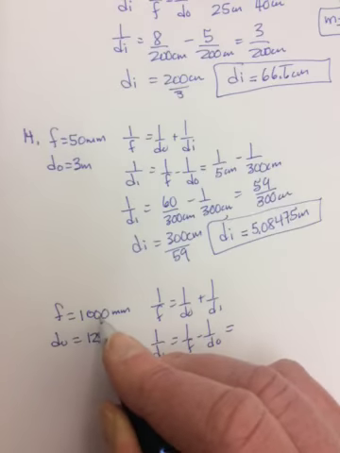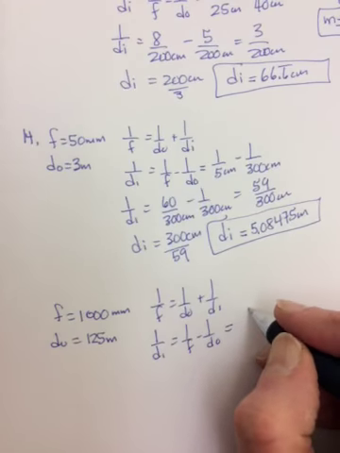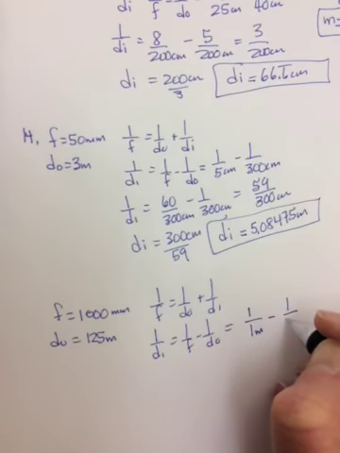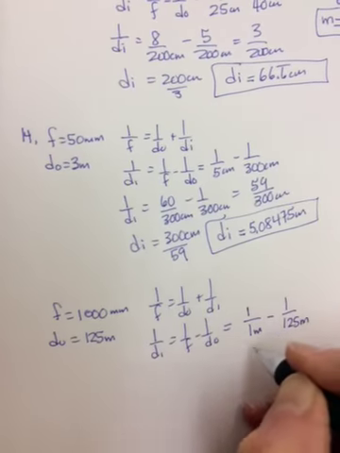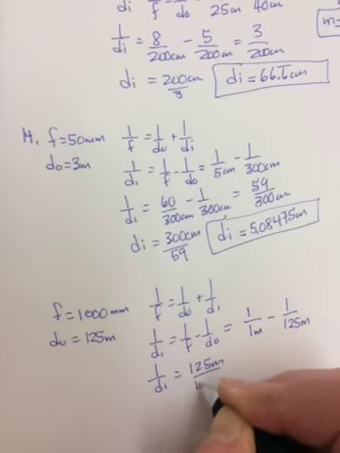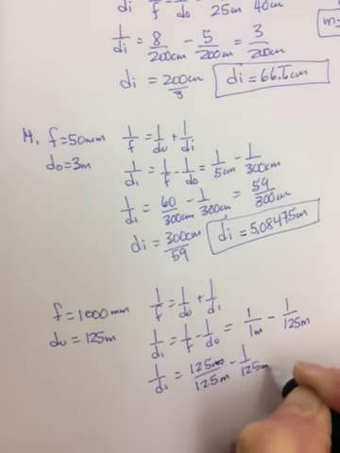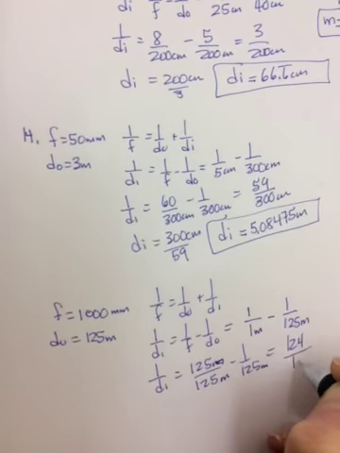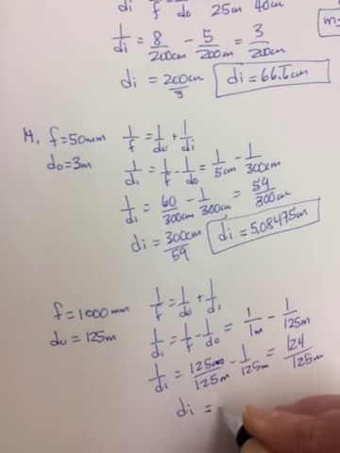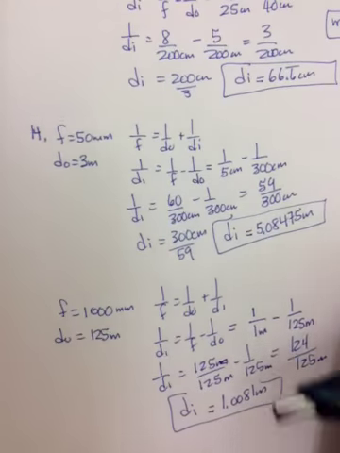You could actually change the 1,000 millimeters to a meter. So it'll be 1 over 1 meter minus 1 over 125 meters. So 1 over DI is equal to 125 over 125 meters, minus 1 over 125. So you get 124 over 125. And you get a DI to be 1.0081 meters.